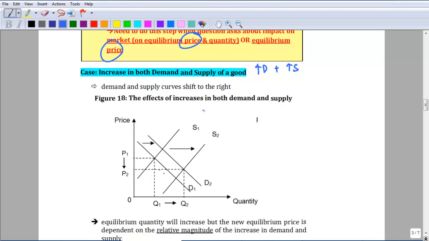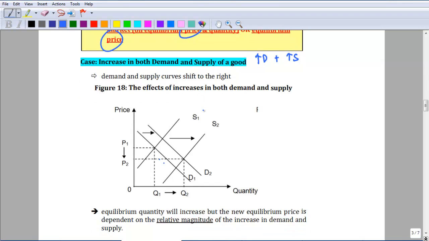So what do I mean by relative magnitude of the increase in demand and supply of the good?